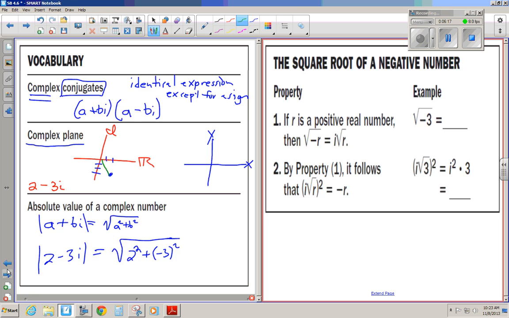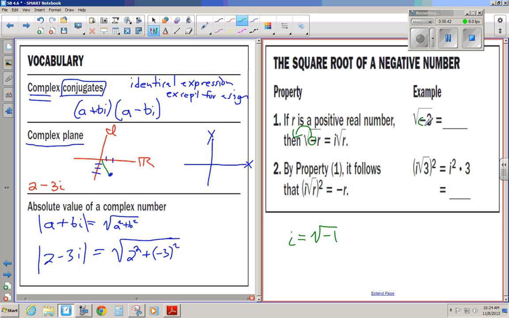All right, so some of this stuff we already know. We know that if r is a positive real number, the square root of negative r is i times the square root of r. So remember, i is the square root of -1. And so we saw an example of this. You take the negative out, and then you leave r alone.